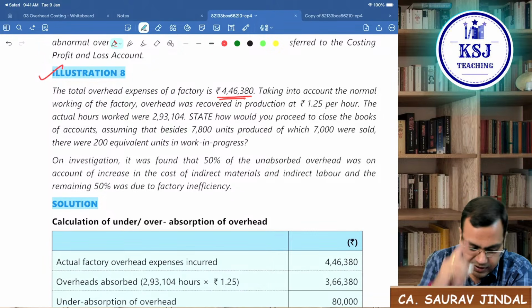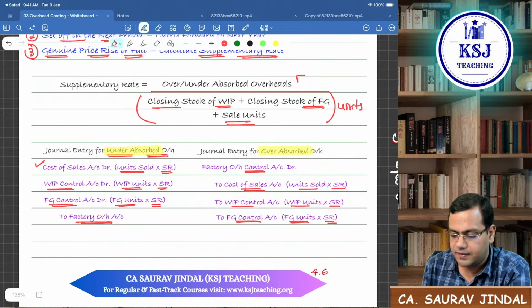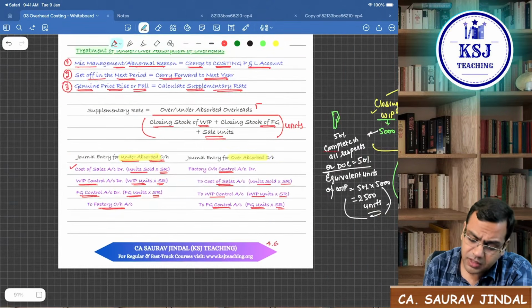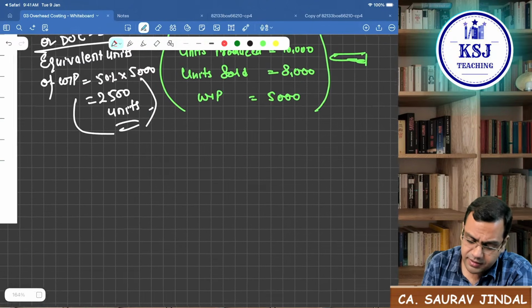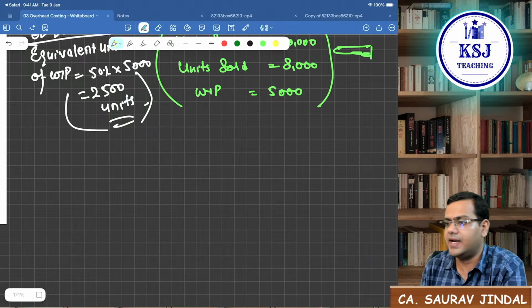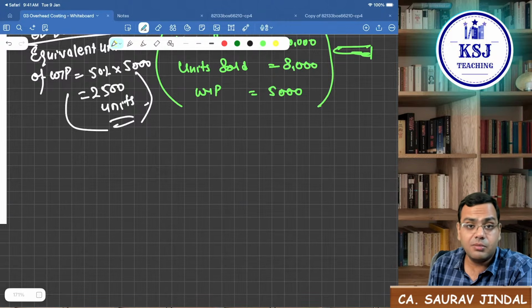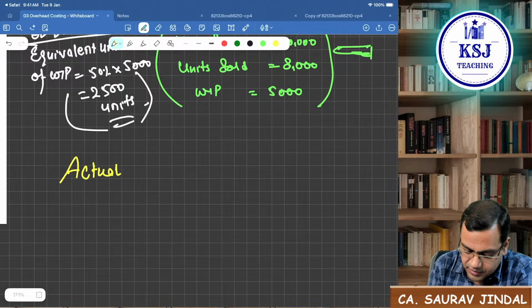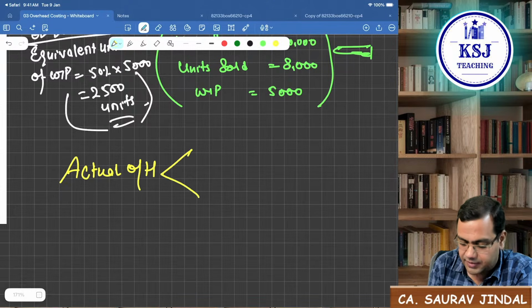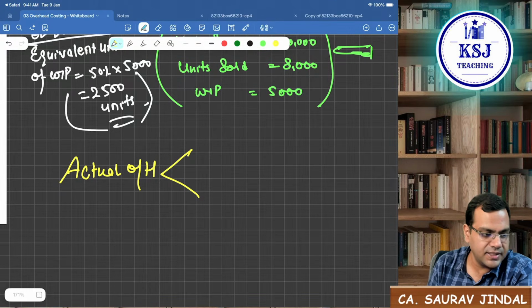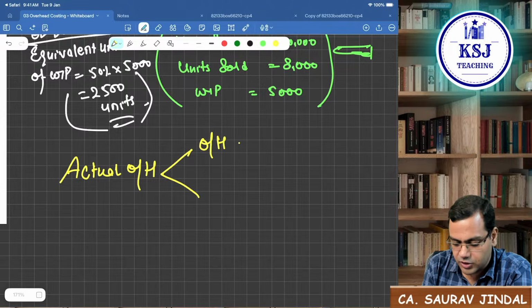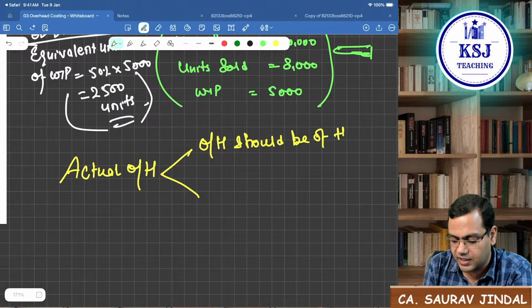Okay, before that, there is one point that has come to mind. When it comes to over and under absorption, before that question, I'll just give you that idea. When we are talking about over and under absorption, when you are taking the actual overheads, you have to keep two things in mind. The first thing is the overheads should be of the current period.